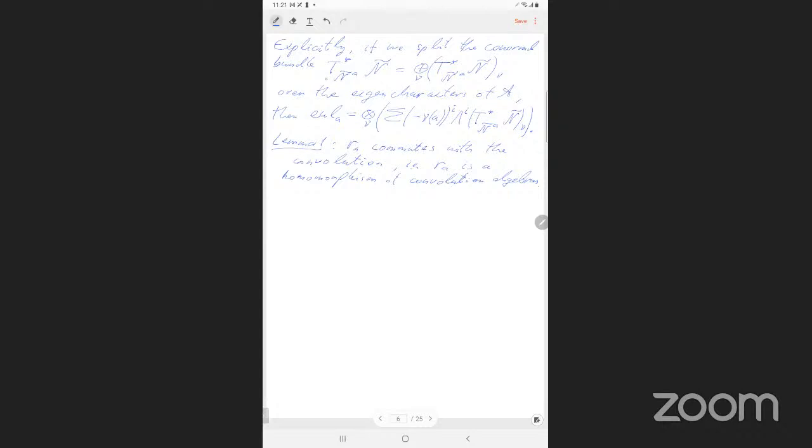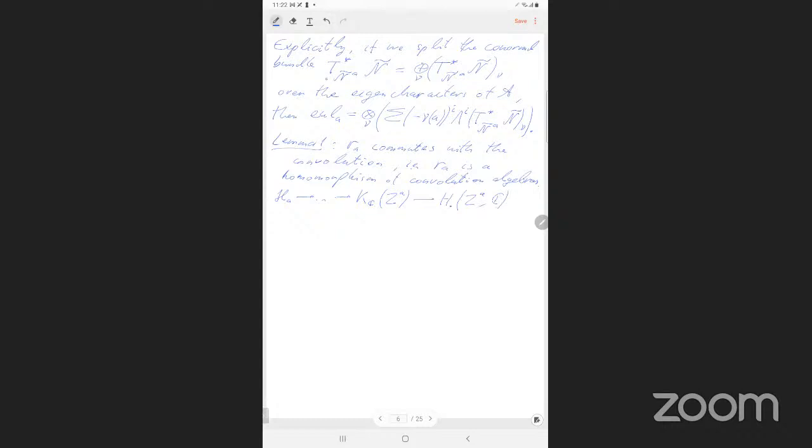You see, we produced a homomorphism from HA to the non-equivariant K-theory of the fixed point set, like this. And we wanted a homomorphism to the Borel-Moore homology. So we are almost there.